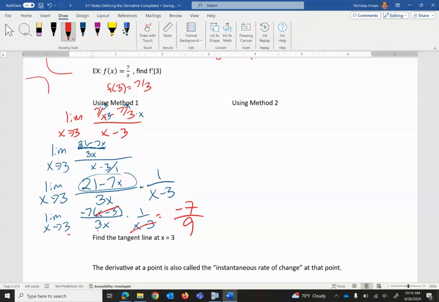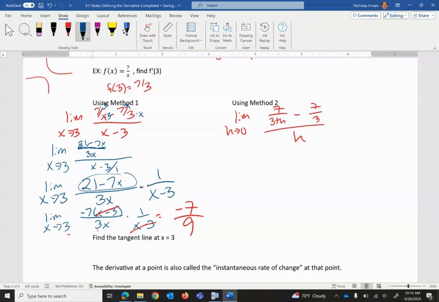Method 2, the a plus h method, the difference quotient, is going to be a little messier. I know that's a hard statement to put up with.